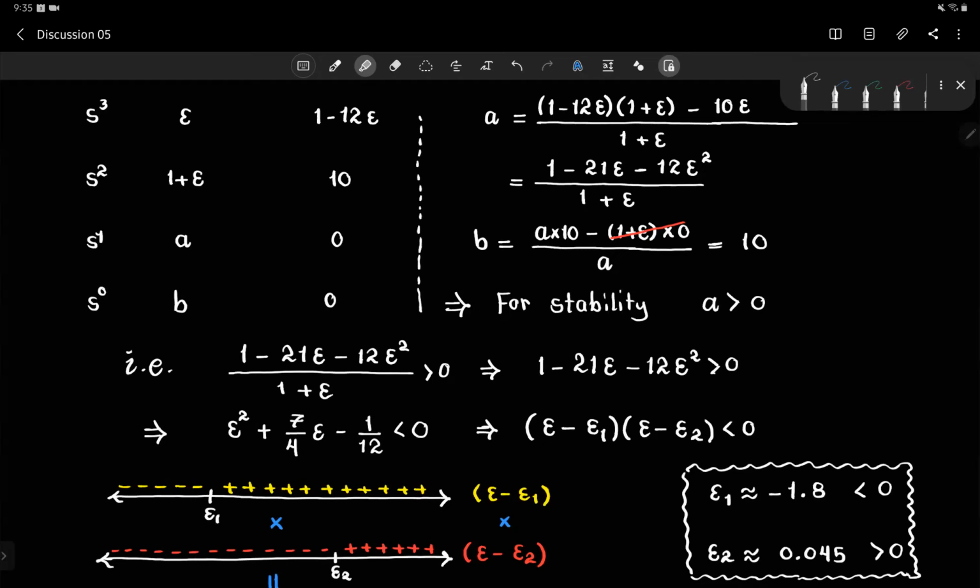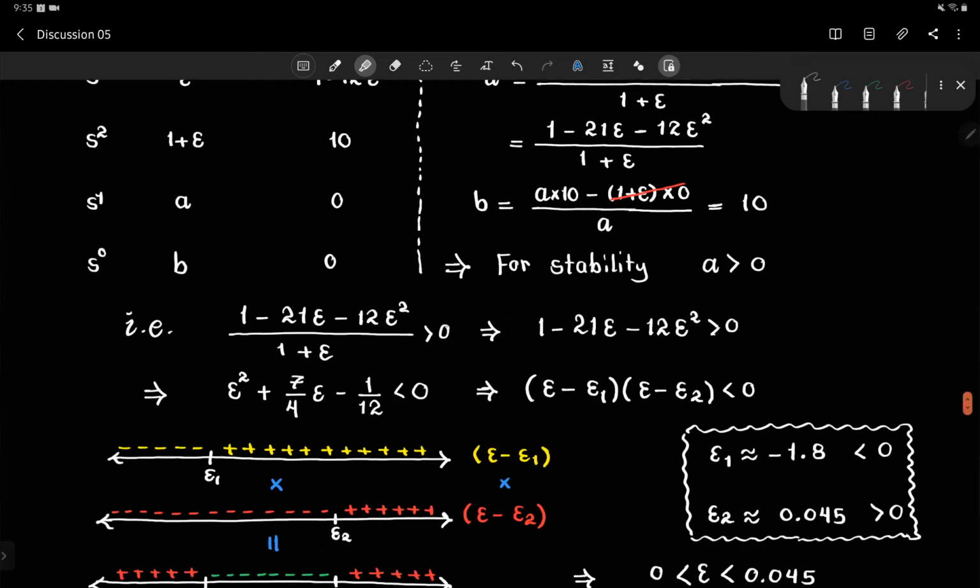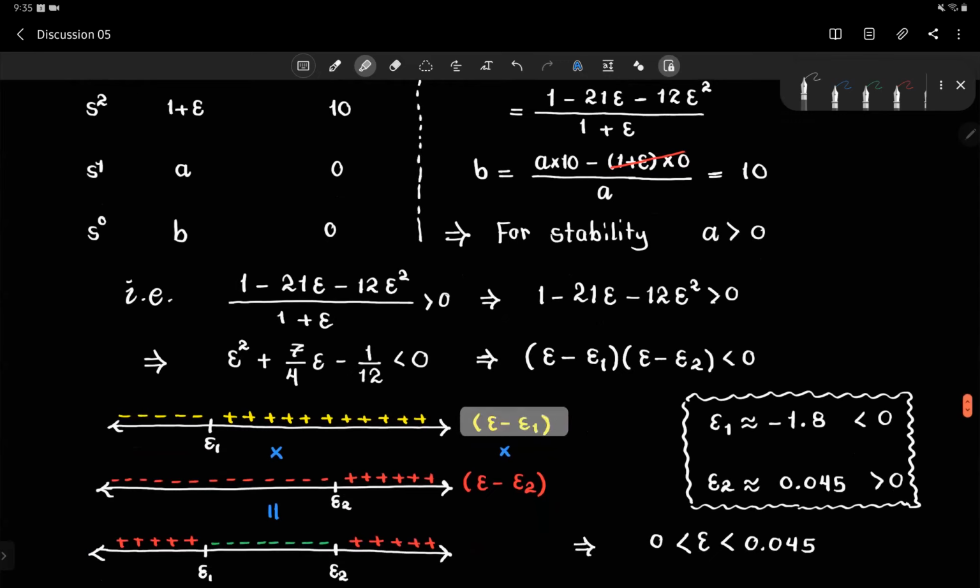So we want to find the range of values for epsilon such that this multiplication is negative. So we have two factors. Let's look at the signs of both of them and see what happens when we multiply them. The first factor, epsilon minus epsilon1, is positive when epsilon is bigger than epsilon1 and negative when epsilon is less than epsilon1.